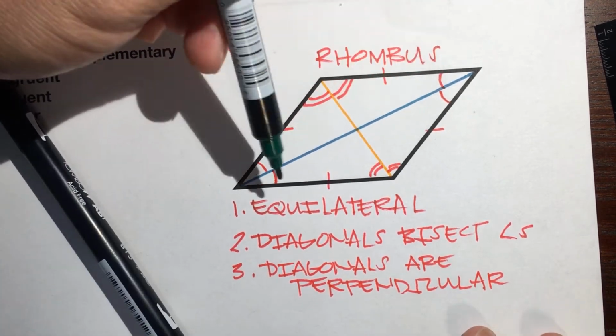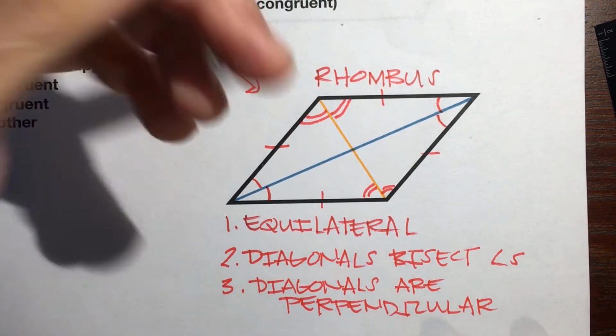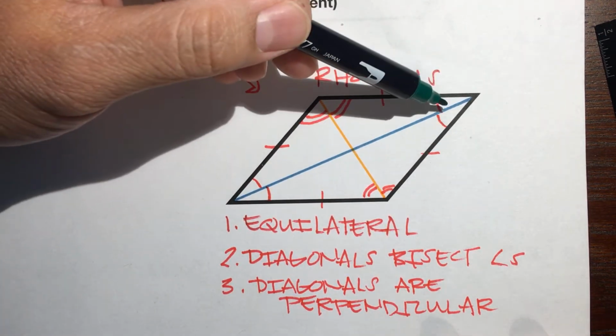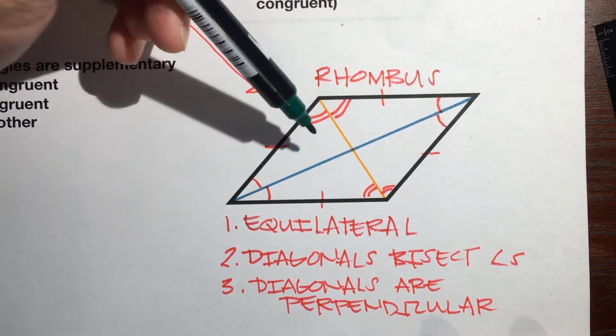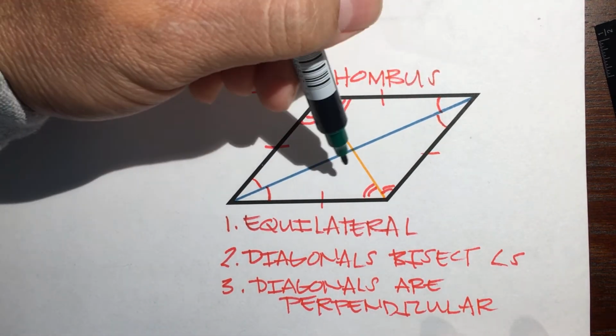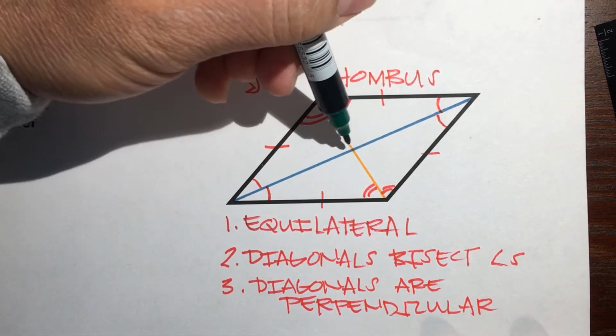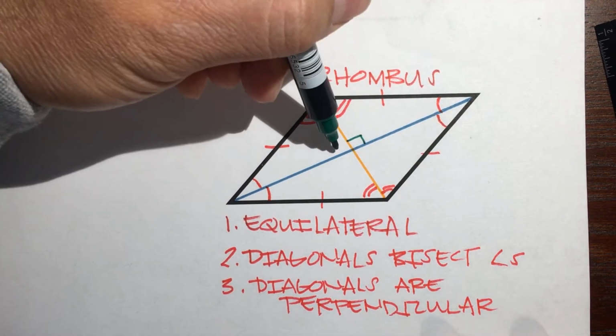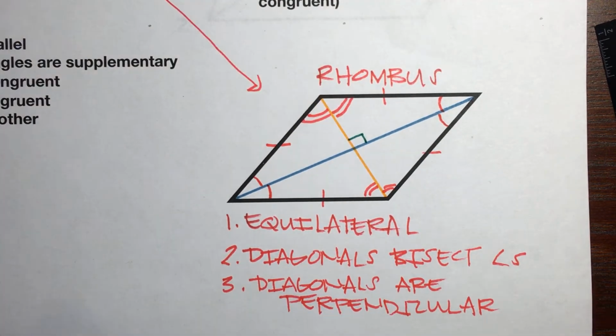Not only do they bisect each other, because it's a parallelogram, not only do these diagonals bisect the angles right here to cut them in half, these diagonals are also perpendicular. And if you remember what perpendicular means, that means that they make 90-degree angles. So all four of these angles are 90-degree angles.